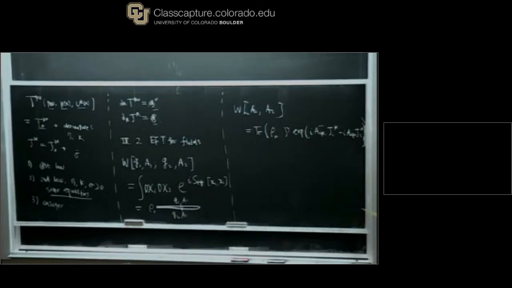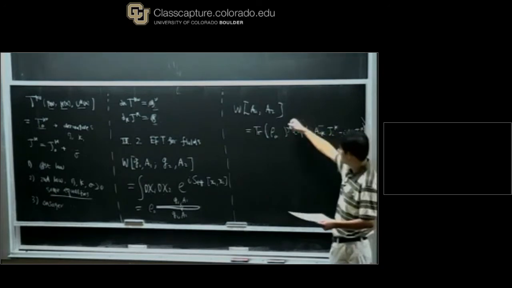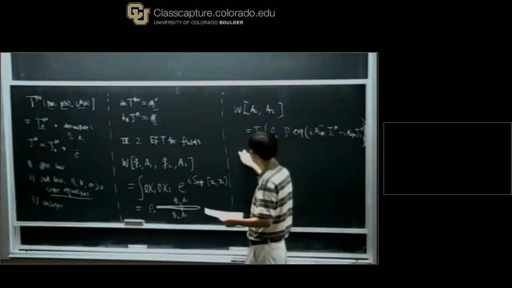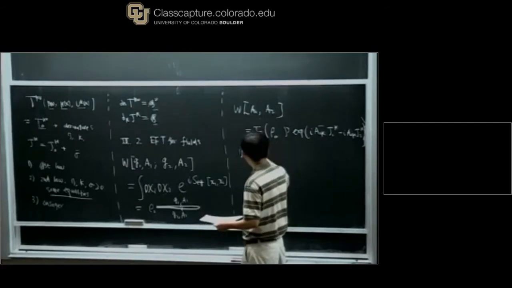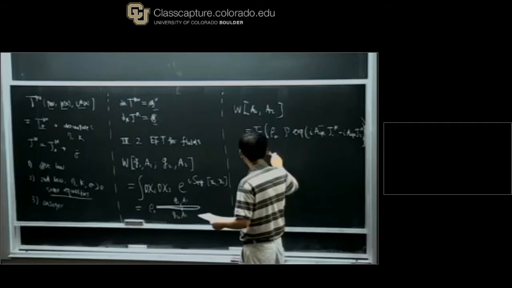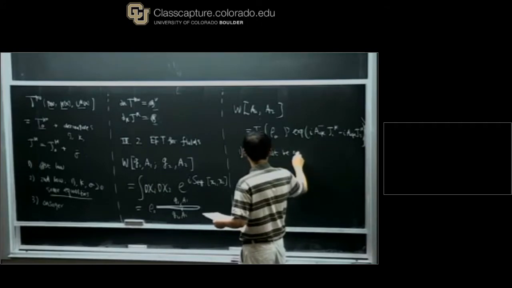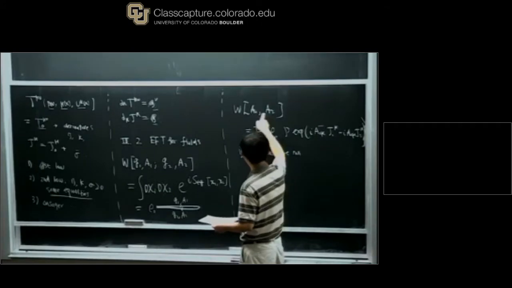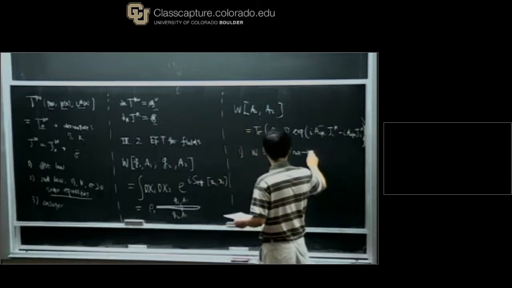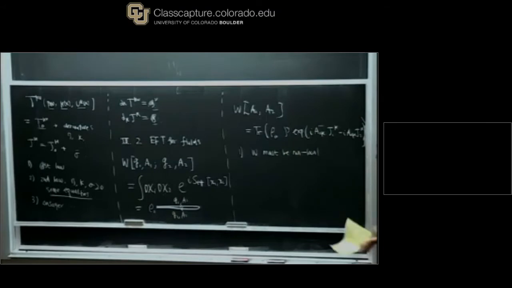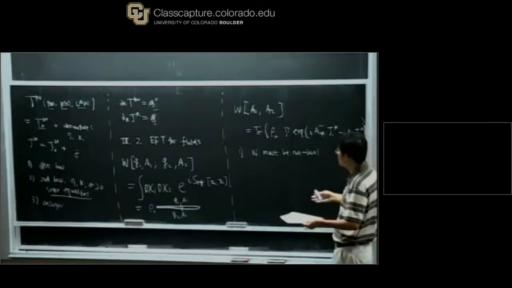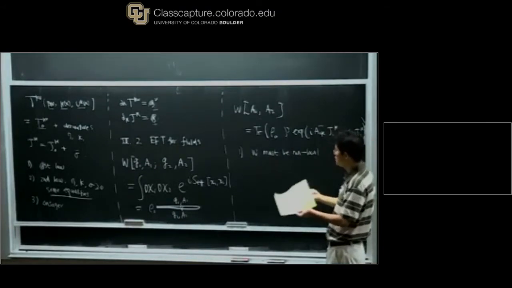Let me make a few remarks on this generating functional. First, W must be non-local as a function of A1, A2. The reason it's non-local is very simple: we have argued before that for any conserved quantity, there are always slow, gapless modes.